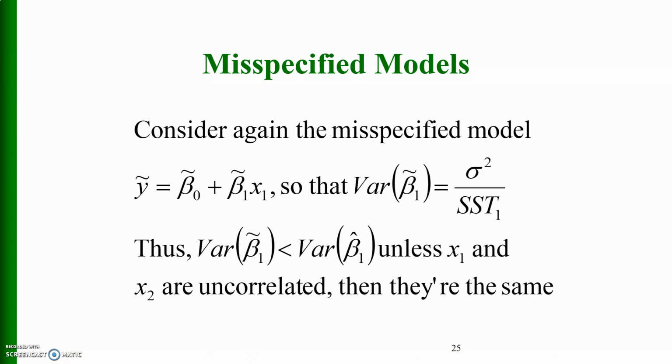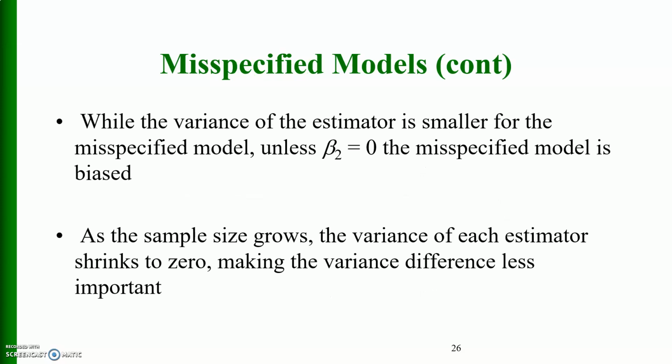Therefore, variance of beta 1 tilde is less than variance of beta 1 hat, unless x1 and x2 are uncorrelated, then they are the same. While the variance of the estimator is smaller for the misspecified model, unless beta 2 is equal to 0, the misspecified model is biased. As the sample size increases, the variance of each estimator shrinks to 0, making the variance difference less important.